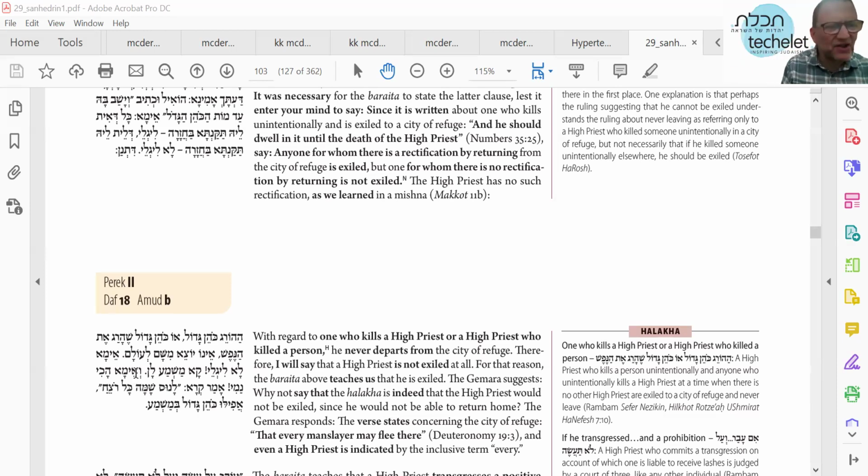Why would I think such a stupid thing, says the Gemarah? There is a pasuk that tells me, Lanus Shama Kol Rotseach, every killer. Afilu Kohen Gadol b'mashma. That means even a Kohen Gadol. Kol means kol. Okay, that's what this part of the Mishnah says.